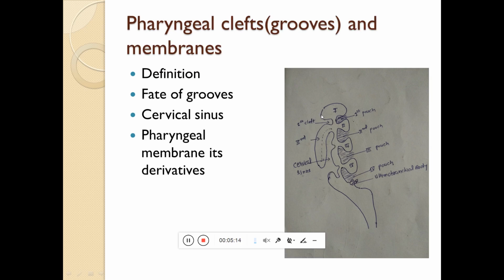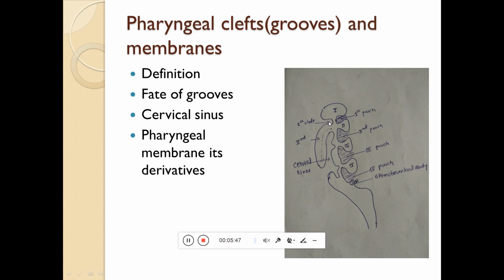They are of ectodermal origin. Outside the arch there are ectodermal grooves or clefts. Only the first pharyngeal cleft gives rise to the external auditory meatus. Here you can see the gap or lining epithelium between the first and second pharyngeal arch, and in between is the first cleft.